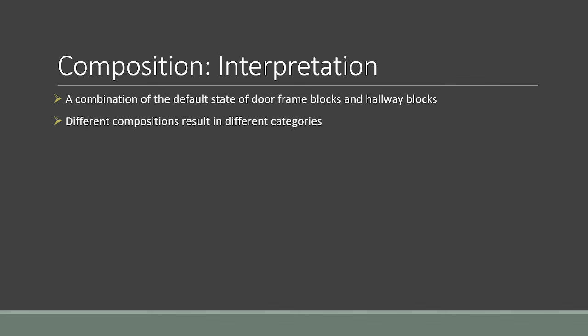And as a matter of fact, different compositions result in different categories. So if a piston door has an intended composition that does not match the same piston door with a different composition, these two doors actually cannot be compared directly. They are two separate categories.